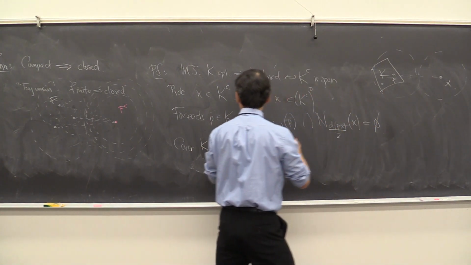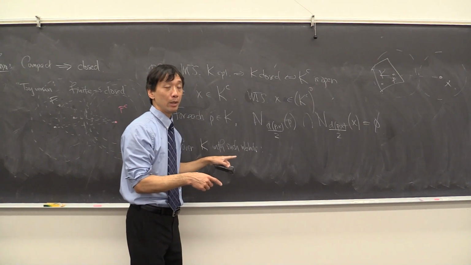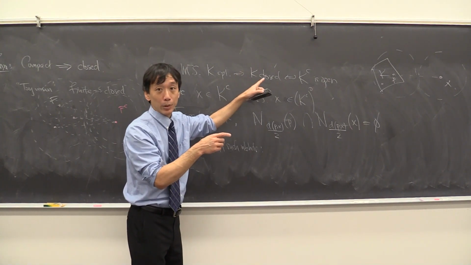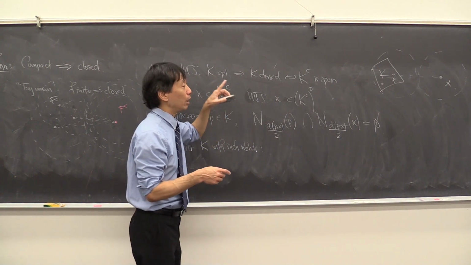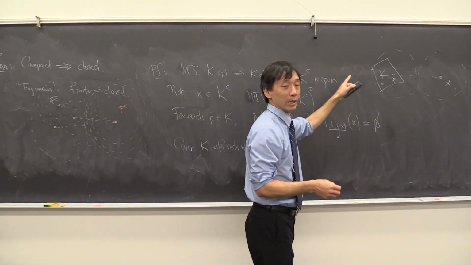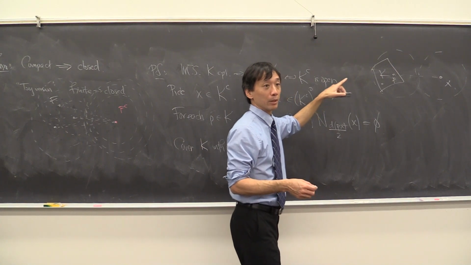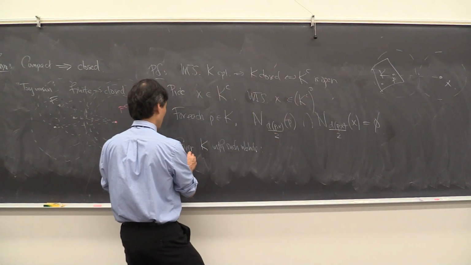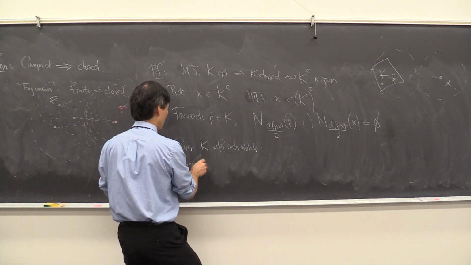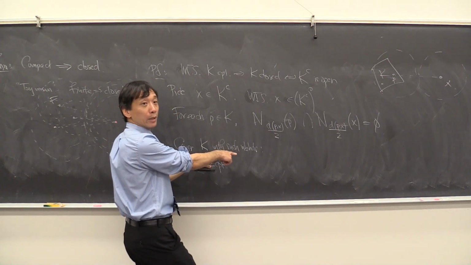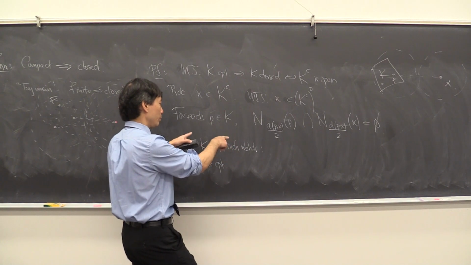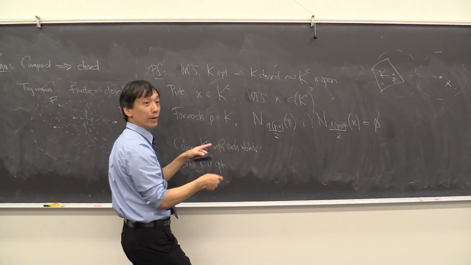Okay, we've covered K with such neighborhoods. We've got infinitely many neighborhoods. We're in trouble, but K is compact, so we know that we can throw out all but finitely many of them and still cover K. This is an open cover of K. An open cover of a compact set always has a finite subcover.